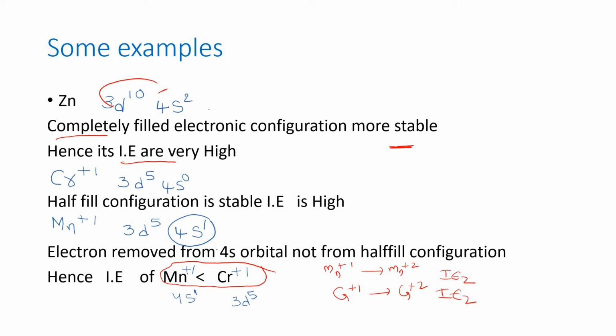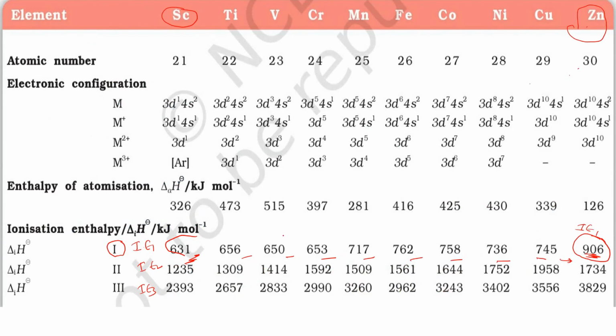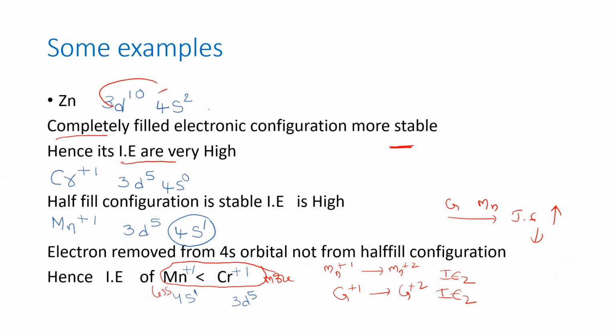Left to right, ionization energy should increase. But what is happening here? It is decreasing. For chromium the value is 1592, and for manganese it is 1509.